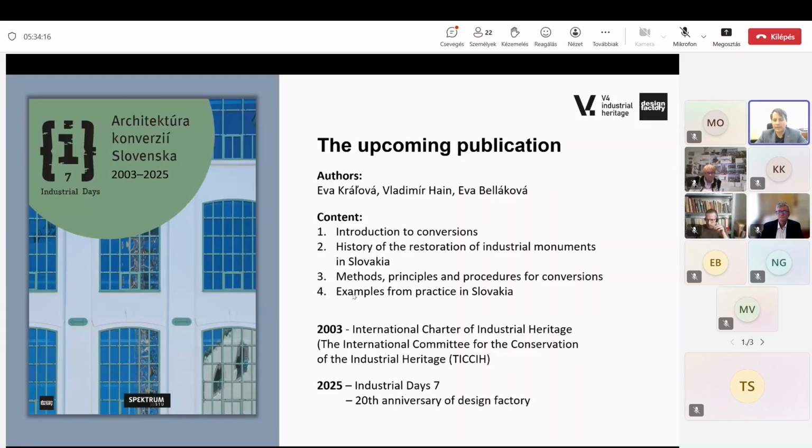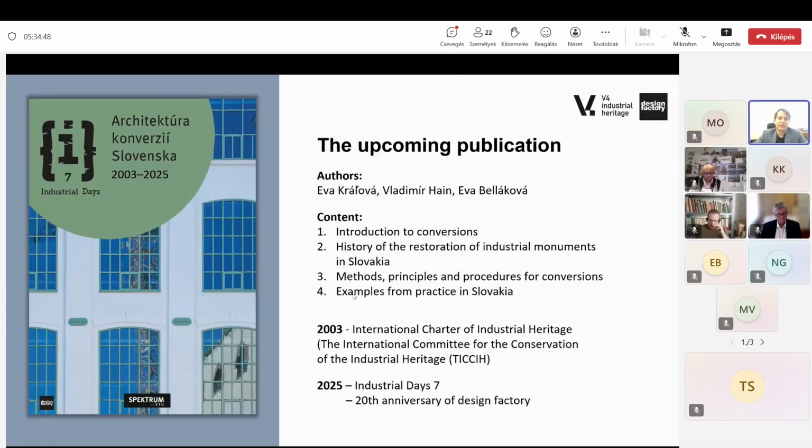2003 is because in this year the International Charter of Industrial Heritage, TICCIH, was established, which is a very good methodology not only for protection but also for presentation of the heritage. And this year is the 20th anniversary of the first reconstruction of the former Design Factory building.